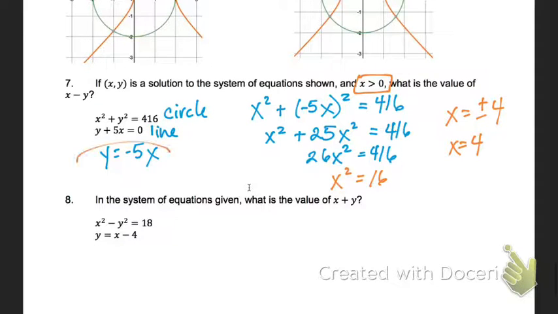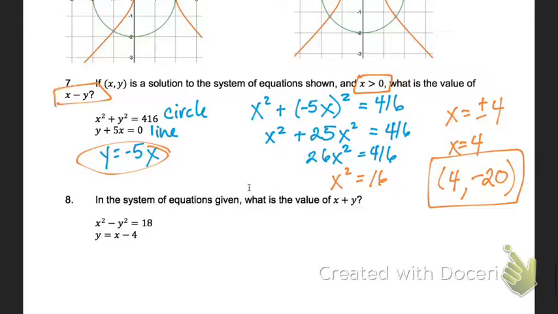And when you plug it into the line, you get what ordered pair? Negative 20. Good. And then it says, what is the value of x minus y? I guess this is kind of like an SAT problem.